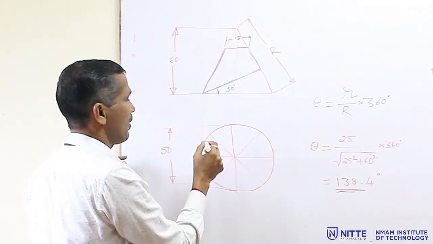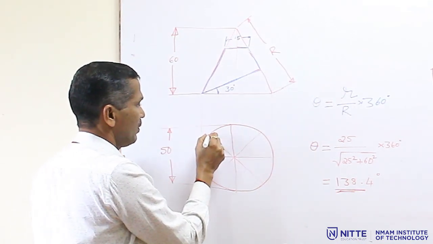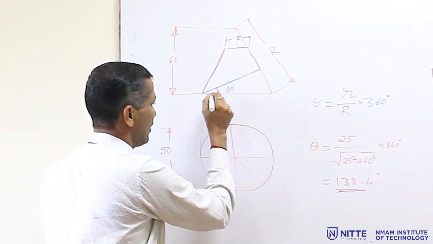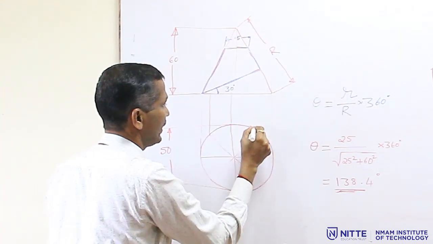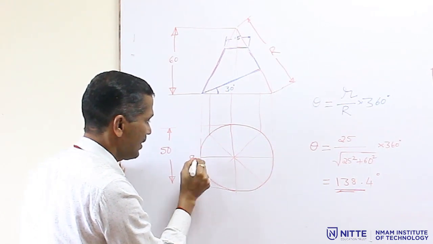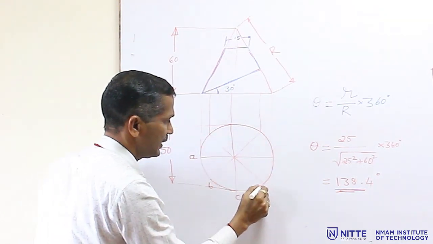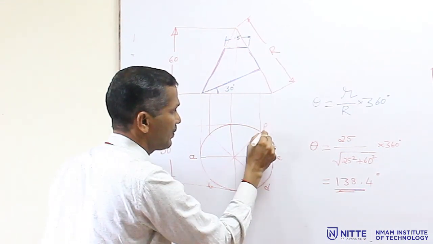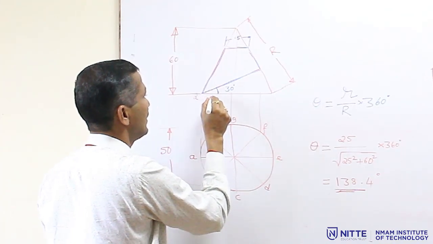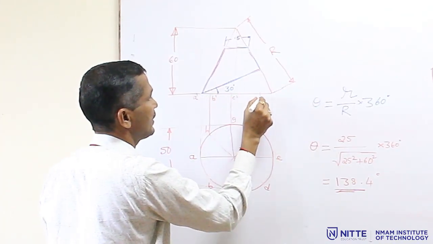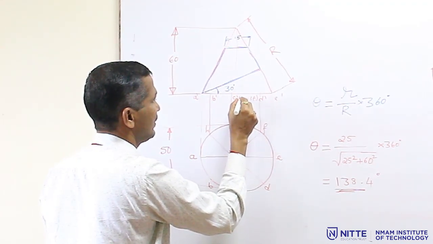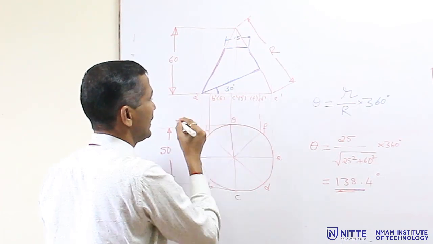So, for getting the section points, we have to produce all these points upward, project it upward like this, so that we will get number of generators and give the name for this A, B, C, D, E, F, G and H. Similarly, here it is A dash, B dash, C dash, D dash, E dash, F dash, G dash and H dash.